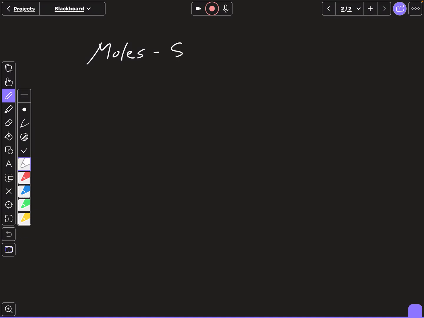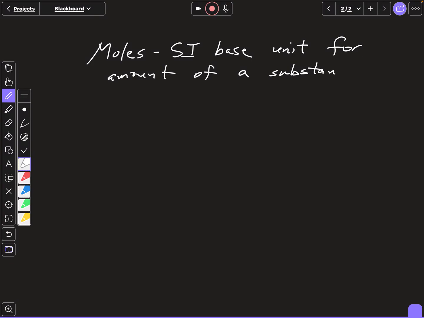Moles are the SI base unit measuring the amount of a substance, or the number of particles. There's a couple of different ways that we can define a mole.